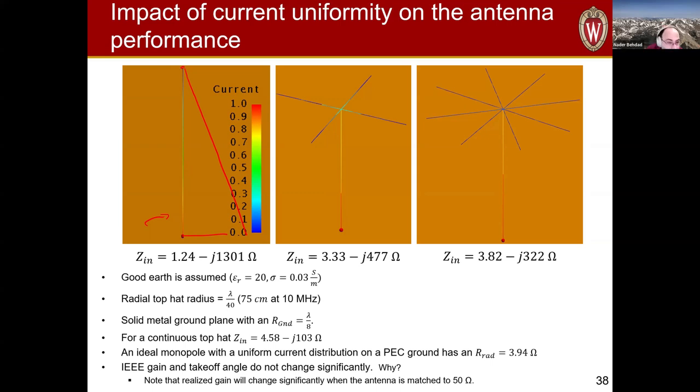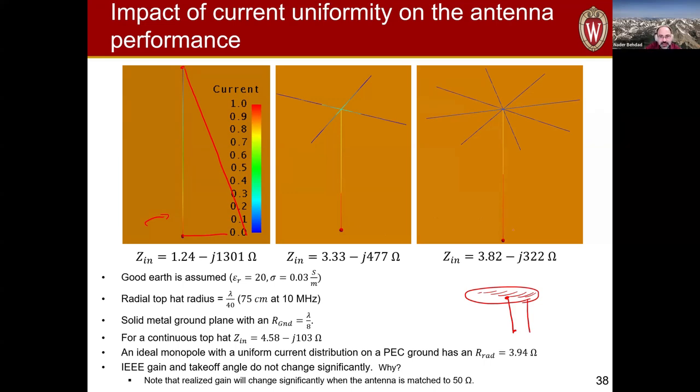You can improve the uniformity of the current on your antenna by putting a top hat on top of your monopole. This top hat acts as a capacitor, and this allows you to get a more uniform current distribution throughout the surface of your antenna.